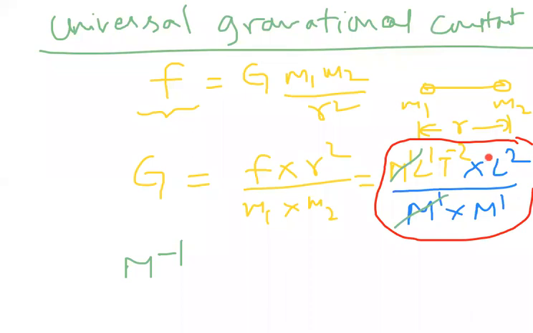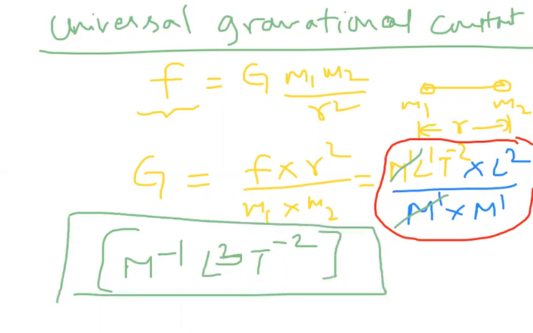L¹ times L² is, sorry, L³. Observe carefully: L², L¹, L³. So M⁻¹ L³ T⁻² is the dimensional formula for the universal gravitational constant.